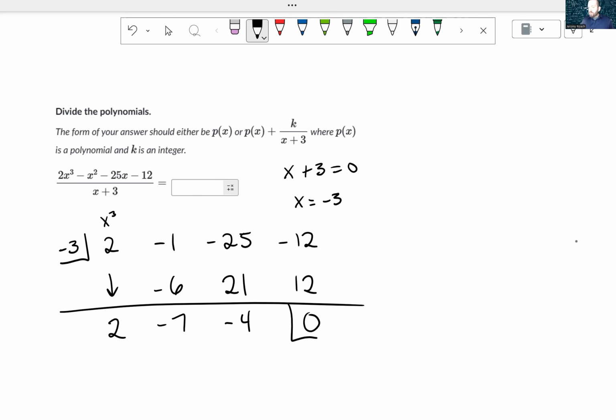These were x cubed, x squared, x, and the constants. That means our answer has been divided by an x to the 1, so that means we're left with x squared, x, constant, and the remainder. So our final answer is 2x squared minus 7x minus 4.